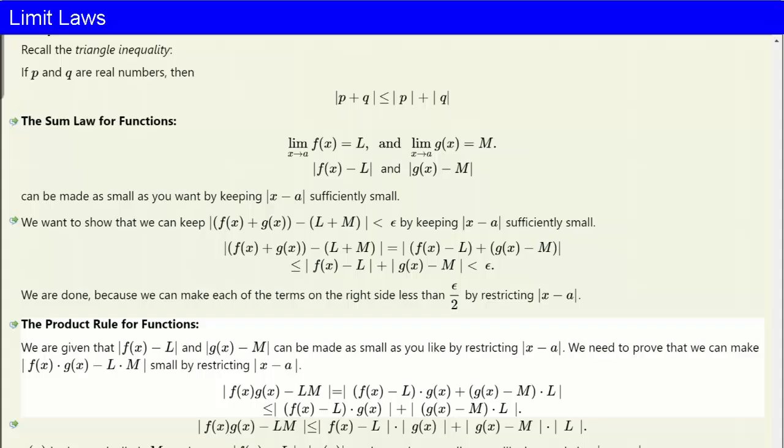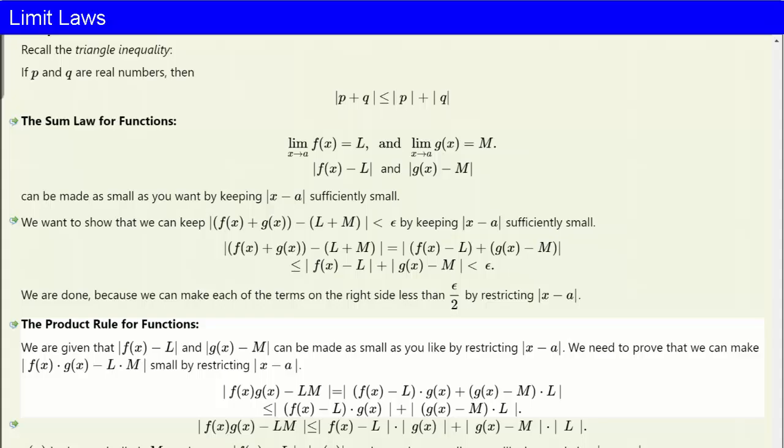Write the absolute value of f of x times g of x minus L times m in a special way, as the quantity f of x minus L times g of x plus the quantity g of x minus m times L. Just do the simple algebra and you'll see that's the same expression as before.